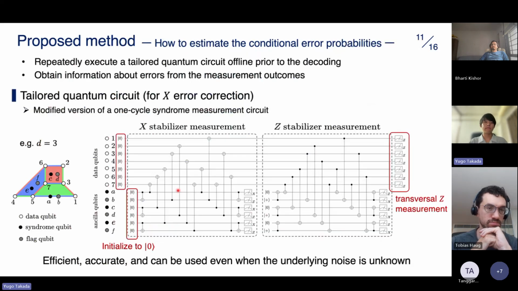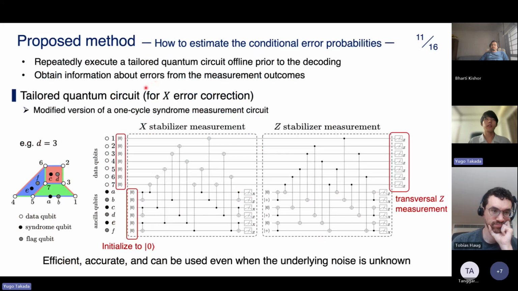Okay, the conditional error probabilities we have discussed so far actually need to be estimated in advance. In our study, we propose a method to estimate them in a way that is efficient, accurate, and can be used when the underlying noise is unknown.